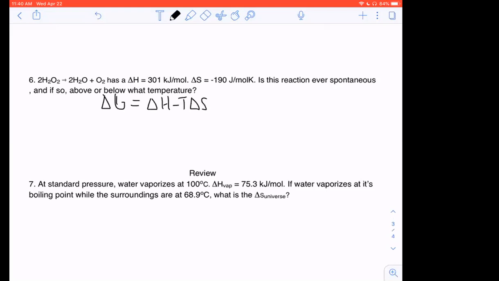And so the question is, is the reaction ever spontaneous? And if so, above or below what temperature? I will give you all a chance to work that out, and once again, message me when you get your answer.